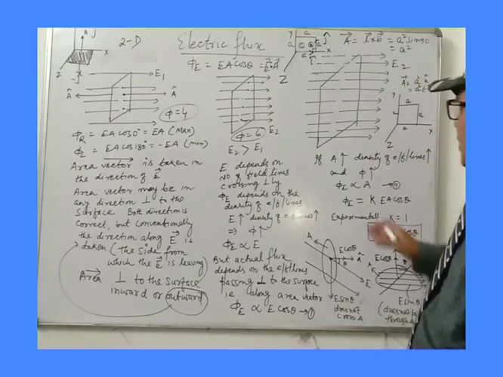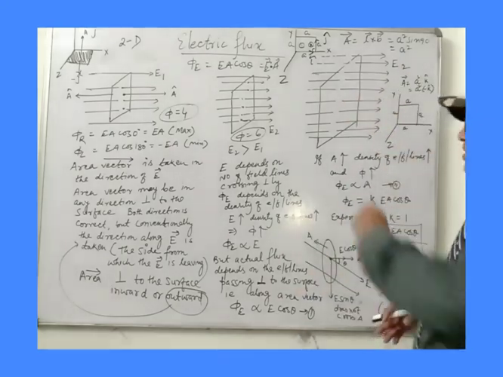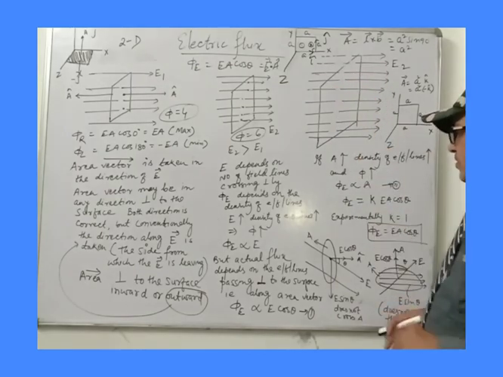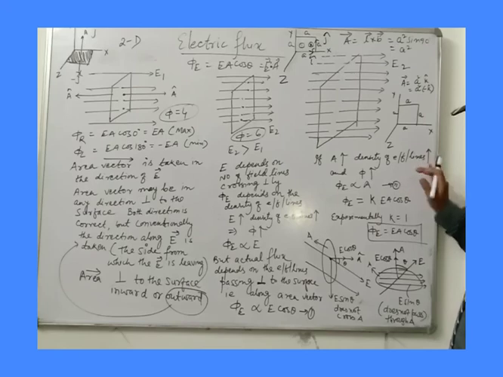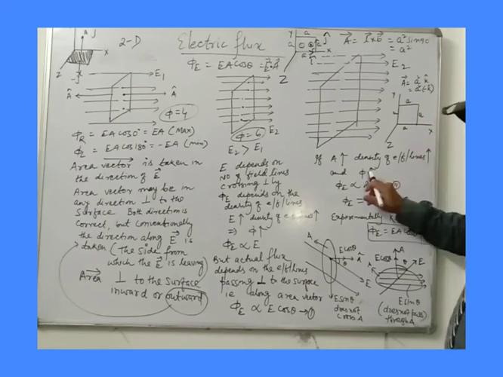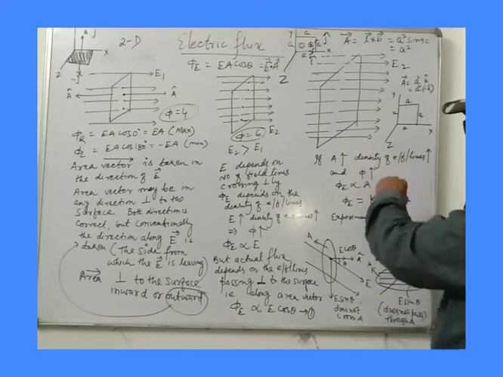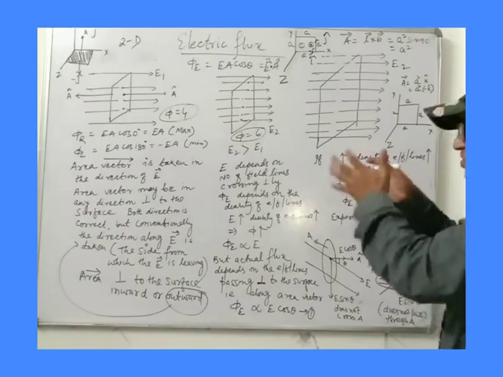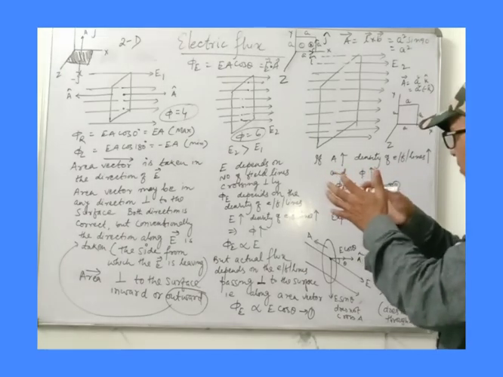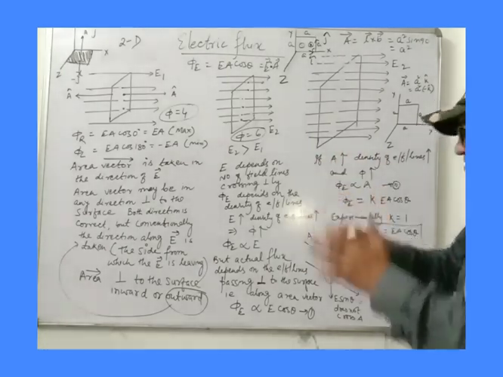Now here, I have increased the area. So if area increases, the number of electric field lines also increases. Then flux also increases, because more number of electric field lines are crossing perpendicularly. So more will be the flux.